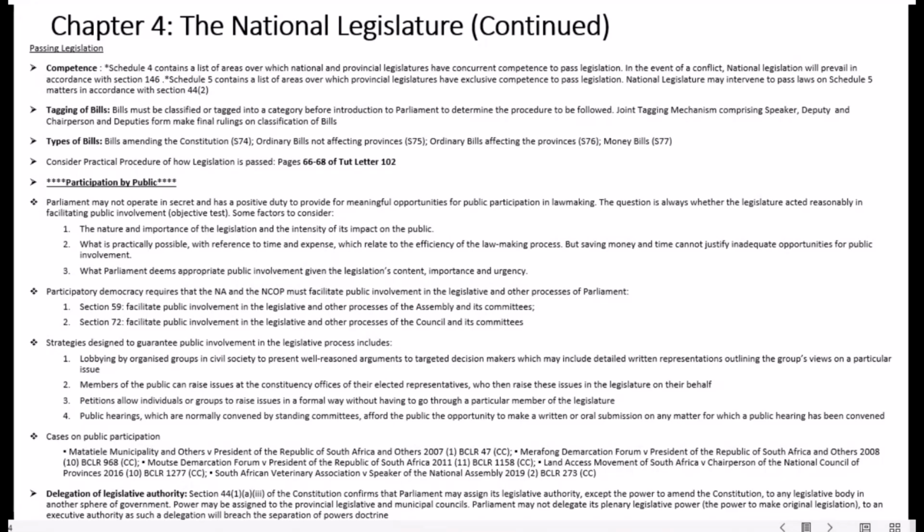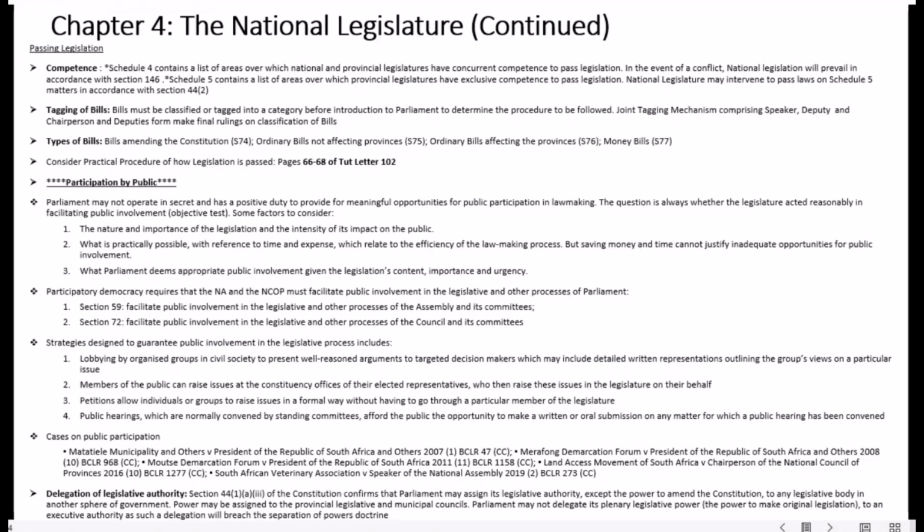And then the types of bills, we've got bills amending the Constitution, we've got ordinary bills not affecting the provinces, we've got ordinary bills affecting the provinces, and then we've got money bills. And I've also just referred to the different sections where you can find information on these types of bills, colleagues.